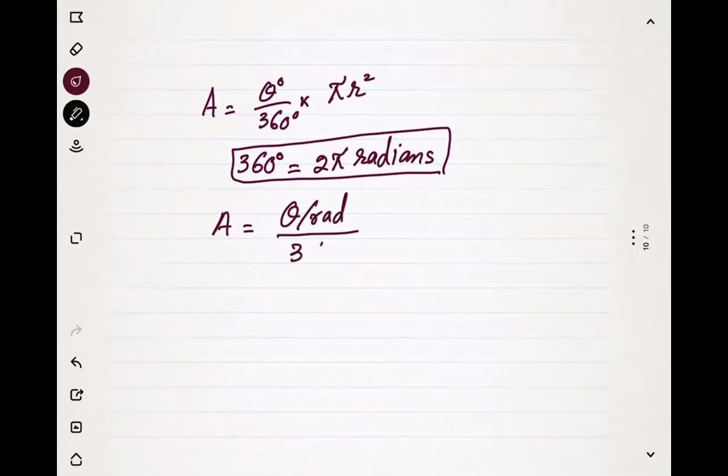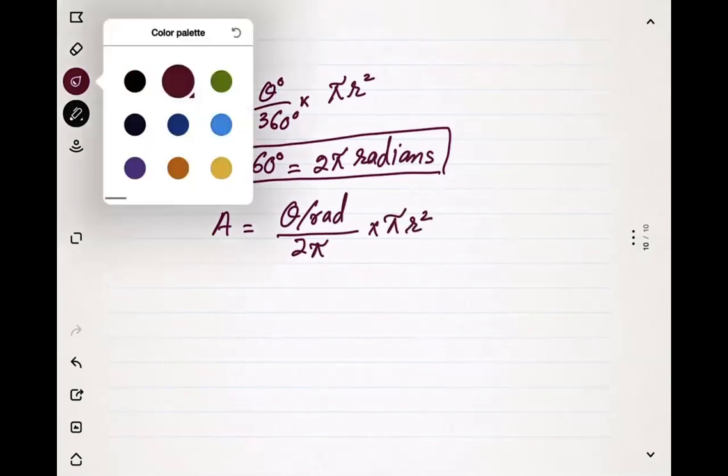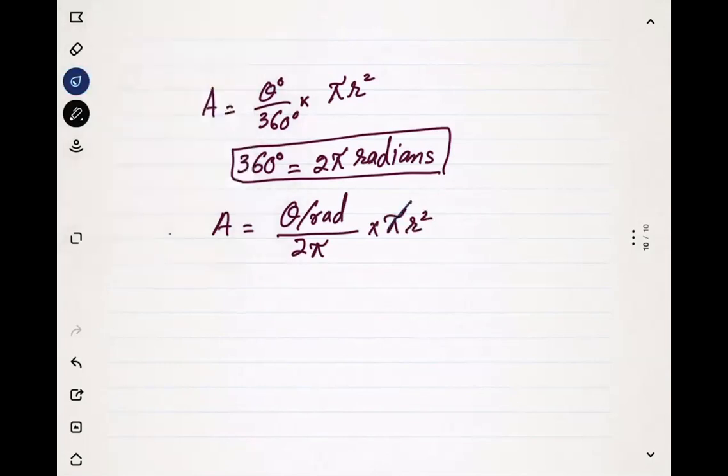divided by 2 pi into pi r square. So pi will be cancelled out with pi, and the remaining thing will be area is equal to theta over 2 into r square.